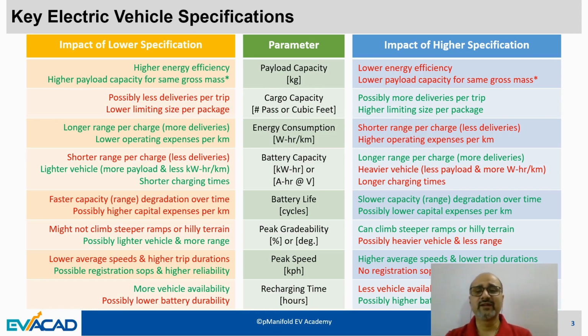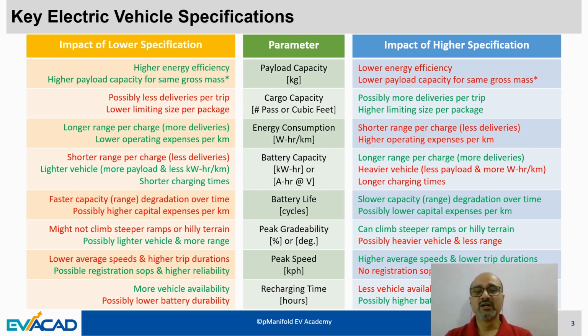Smaller vehicles, starting with two-wheelers, use around 20 to 30 watt hour per kilometer, cars around 100 to 150, three-wheelers around 50 to 70 or 80. Then mini buses go around 400, 500 watt hour per kilometer, and buses from around 1 kilowatt hour per kilometer up to 2.5 kilowatt hour per kilometer with AC, less without AC.